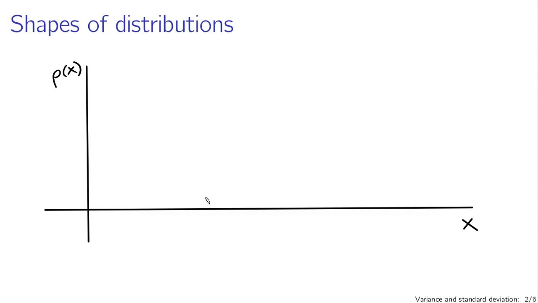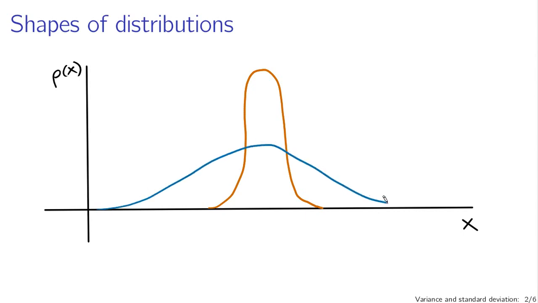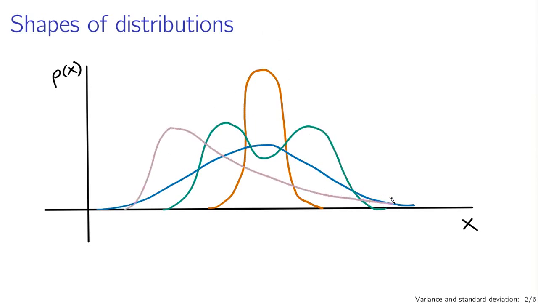Probability distributions come in lots of shapes and sizes. You can have probability distributions that look like this, probability distributions that look like this. You can even have probability distributions that look like this, or probability distributions that look like this. And these are all different. The narrow peak here versus the broad distribution here.